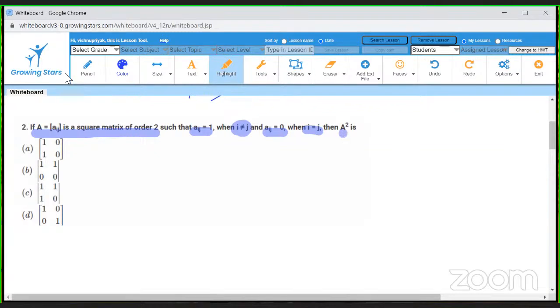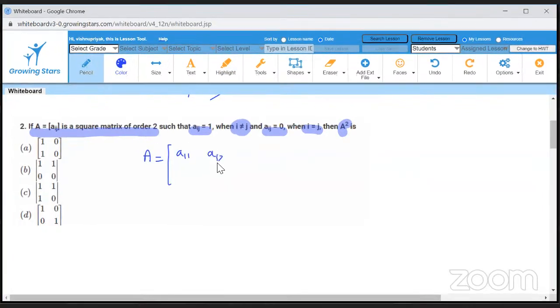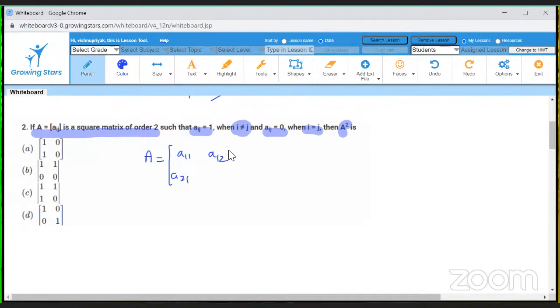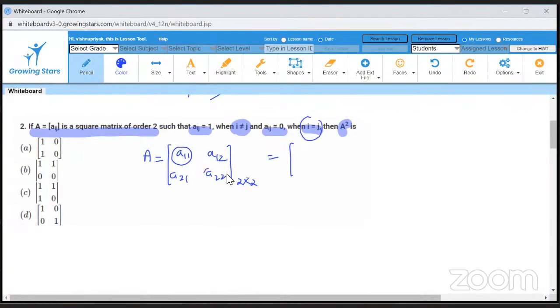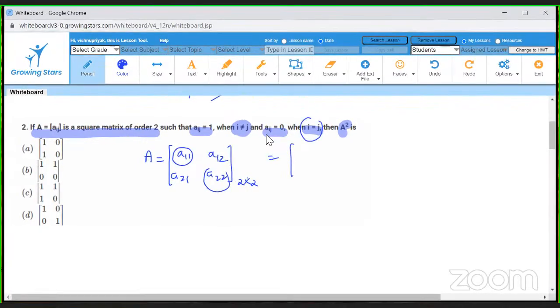And what is A square? A is of order 2: A11, A12, A21, A22, like this. 2 by 2. Now what did they say? When i is equal to j, it is 0, 0.